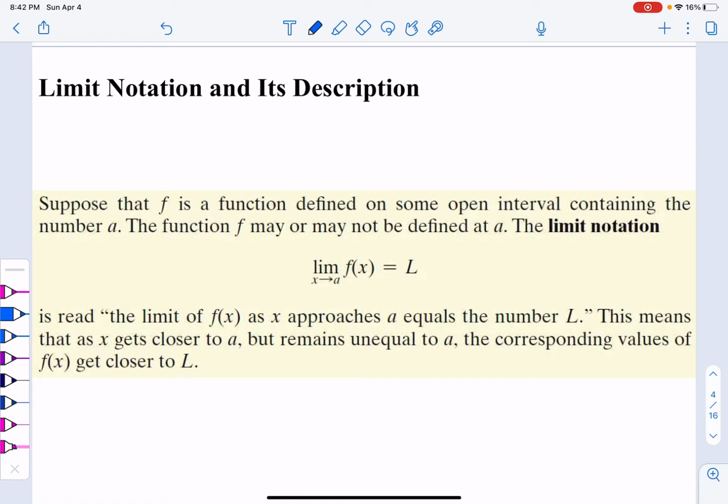The limit notation, the limit as x approaches a of f of x equals L, is read as the limit of f of x as x approaches a equals the number L. This means that as x gets closer to a but remains unequal to a, the corresponding values of f of x get closer to L.